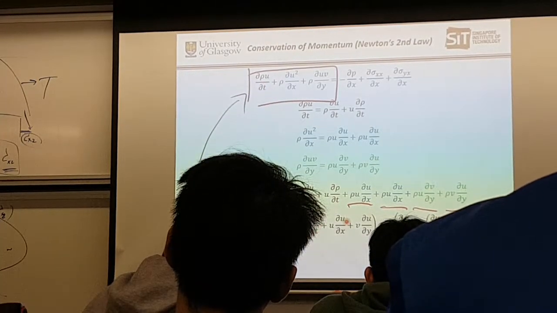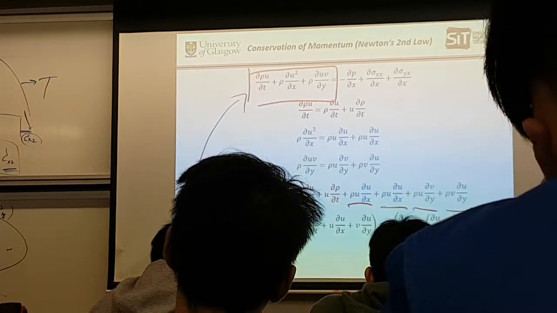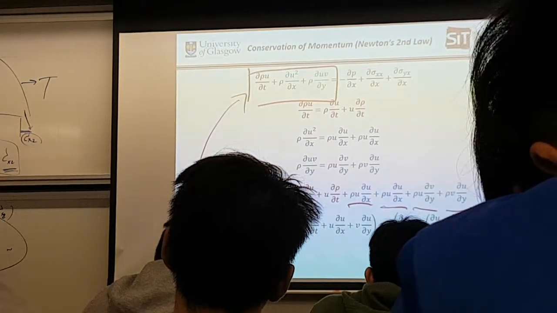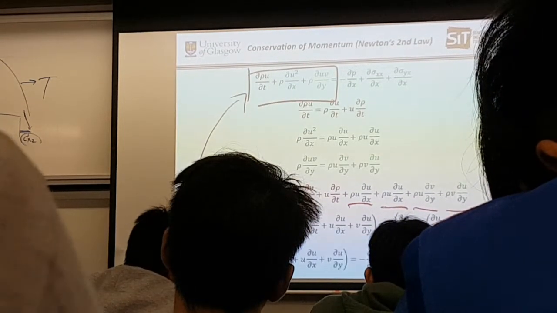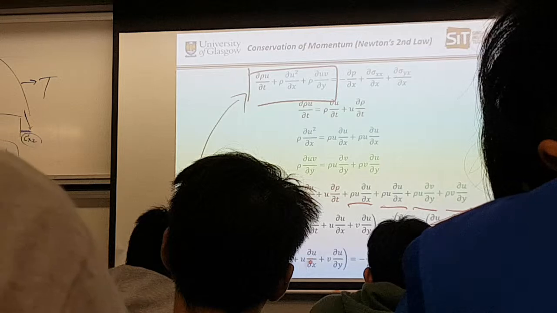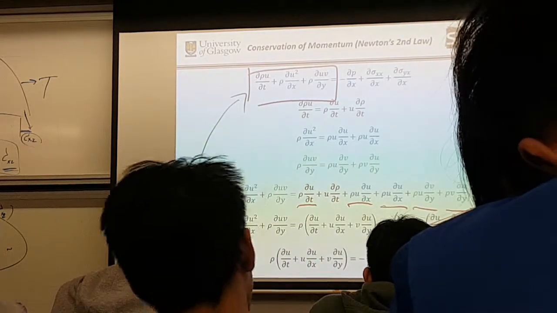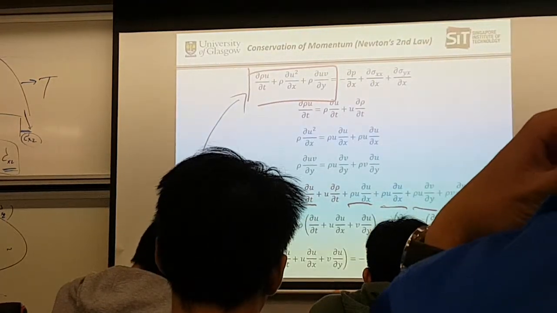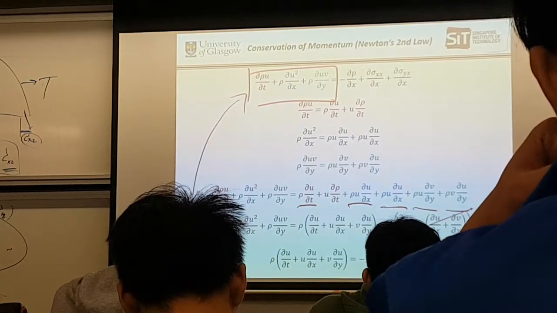It's just du dt, du dx, du dy. Just one variable that's differentiated. Because by our assumptions, when it's an incompressible steady flow, these terms here will be cancelled out. So instead of writing so many terms here, I can just write this as rho times du dt plus u du dx plus v du dy equals my external forces here. Okay, so this is the final equation that I have for my x momentum analysis.